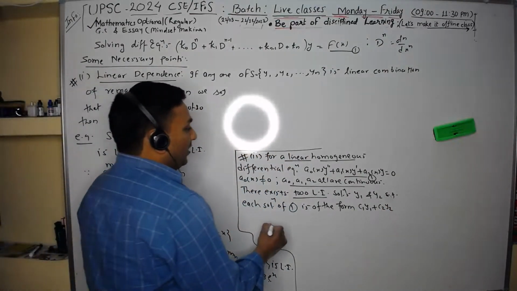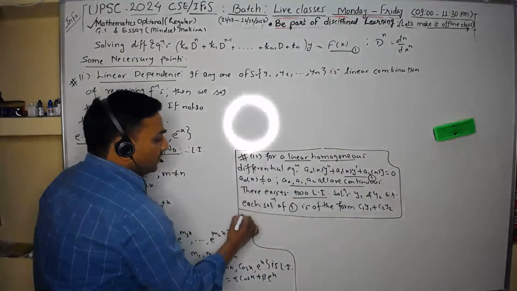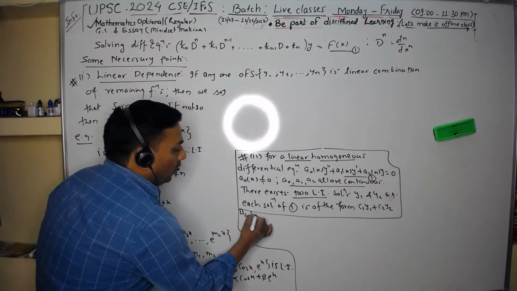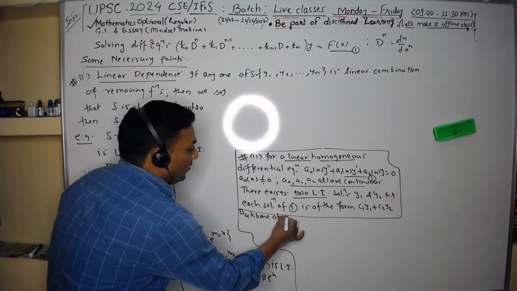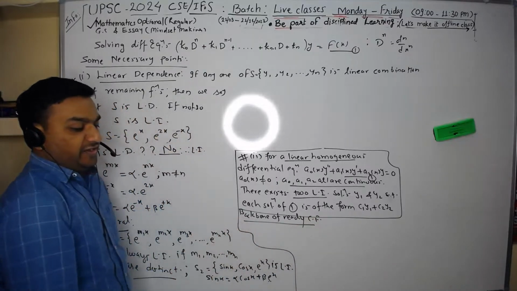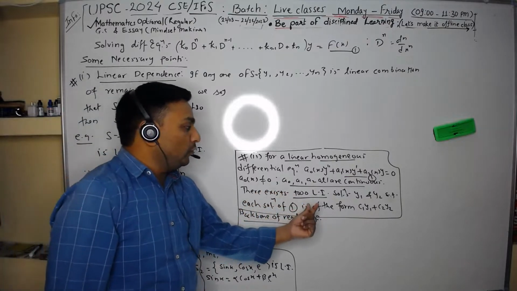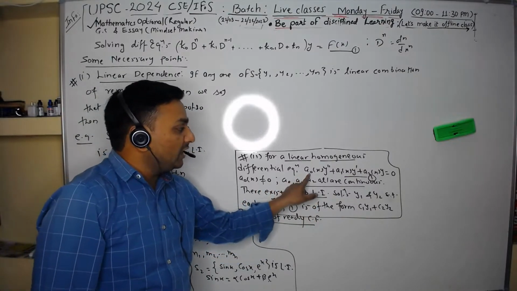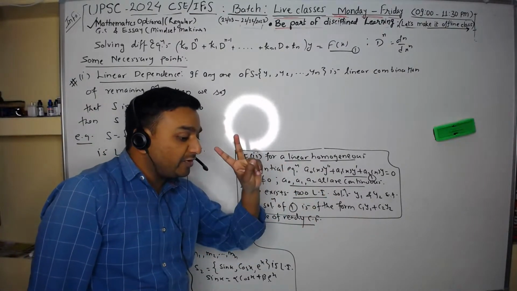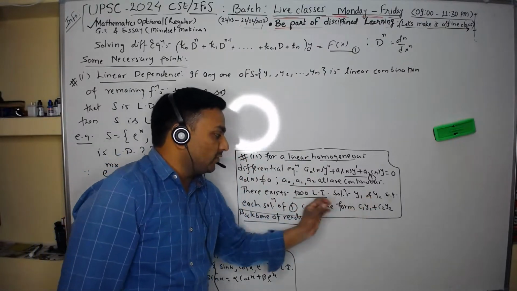So remember, my dear, from now onwards, this is the backbone of finding the complementary function. Why am I focusing here? If you observe, this is a linear homogeneous differential equation of order 2, so it has two LI solutions.